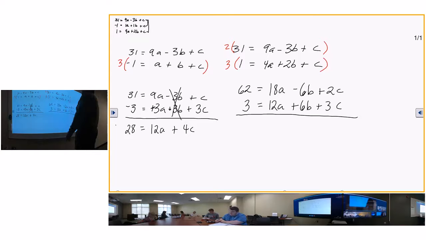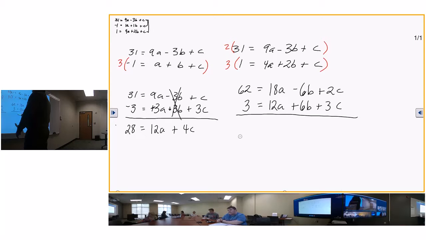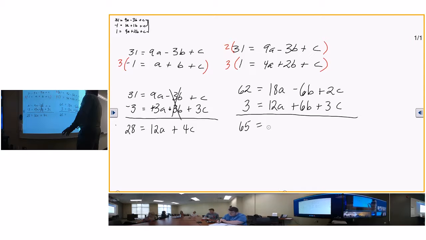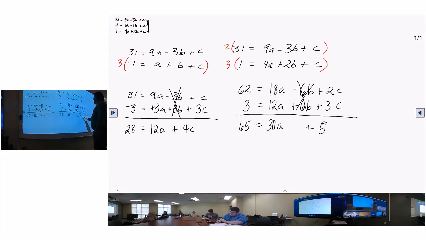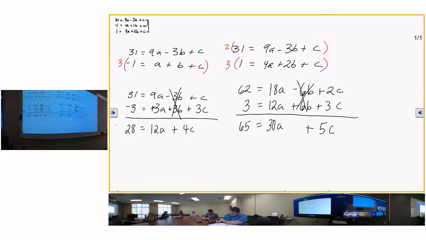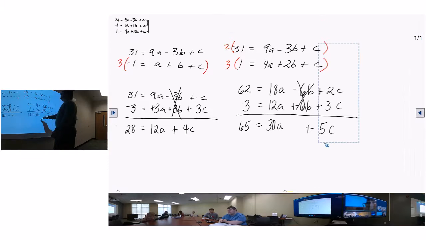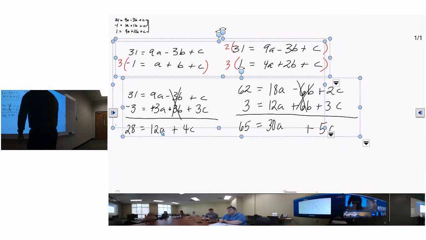So check my math. 65 is equal to 30A plus 5C. Okay, now we're going to take our handy dandy minimizer and shrink that down.